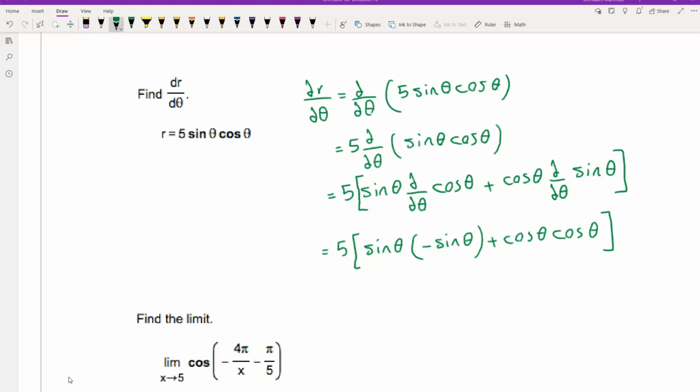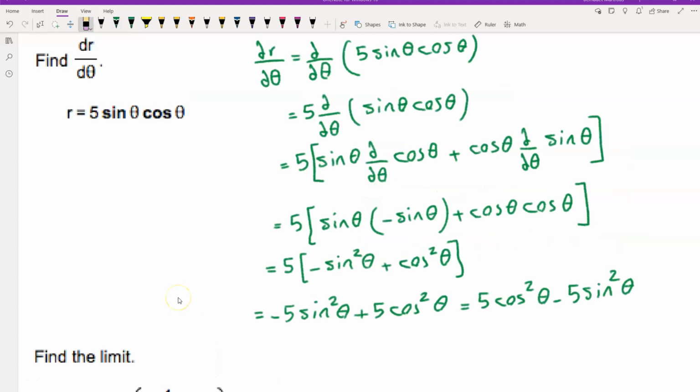And we have cosine theta times cosine theta, so that is cosine squared. So this is 5 times negative sine squared plus cosine squared, and that is negative 5 sine squared plus 5 cosine squared, which is the same as 5 cosine squared minus 5 sine squared. So this is our final answer for this part.